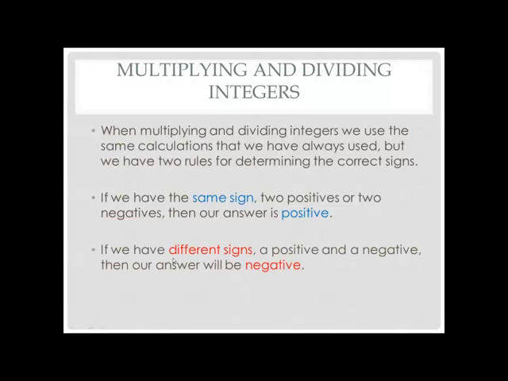Second rule, if they have different signs, such as a positive and a negative, then our answer will be negative. So again, they have the same rules for the signs. If the signs are the same, answer is positive. If the signs are different, answer will be negative.